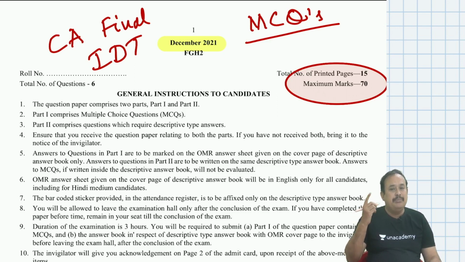So the balance 70 marks of the question paper is what I am now analyzing for your kind consideration.